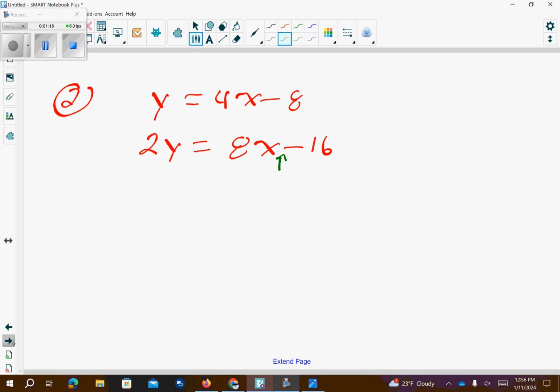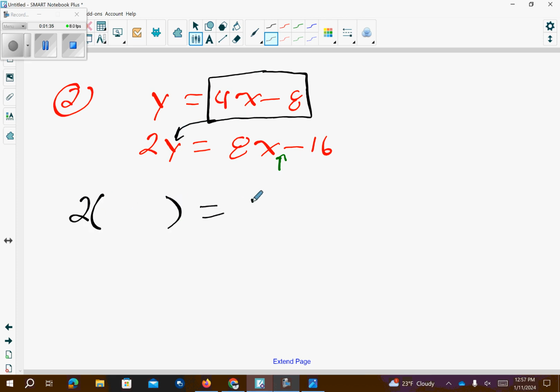Number 2. First off, on number 2, there was an equal sign right here. Cross it off. It was a misprint. So now, once you've got rid of that, you know y equals that, so you're going to plug this in right here. So I get 2 parentheses equals 8x minus 16. Inside there, I'm going to plug 4x plus 8, or minus 8, excuse me.